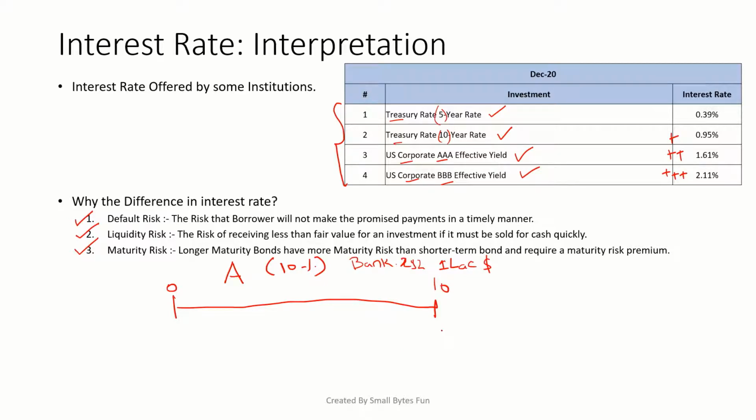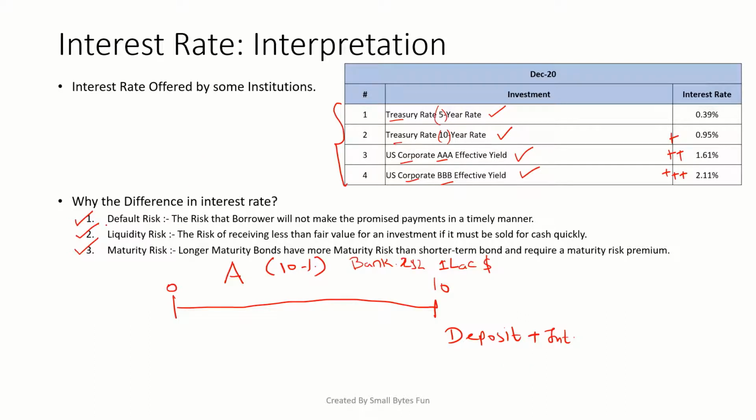Now on the 10th year, when A goes to the bank to get his deposit plus interest, the bank says, oh sorry, we have gone bankrupt and we cannot return your deposit. So A runs a risk that the place where he has deposited, the counterparty, can go bankrupt.